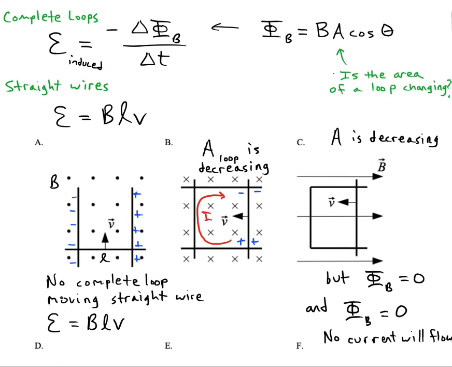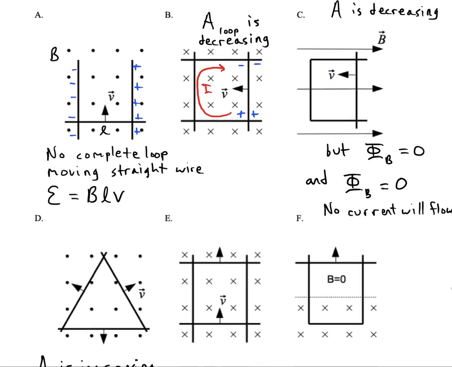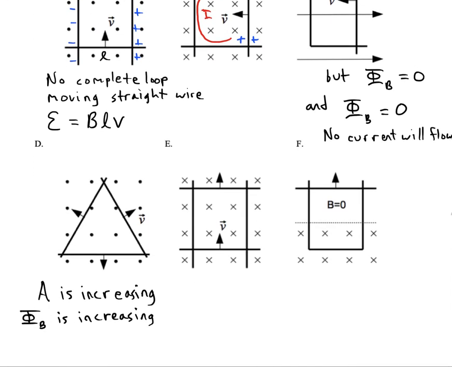Since the flux is changing with time, there will be an induced voltage which will create a current.